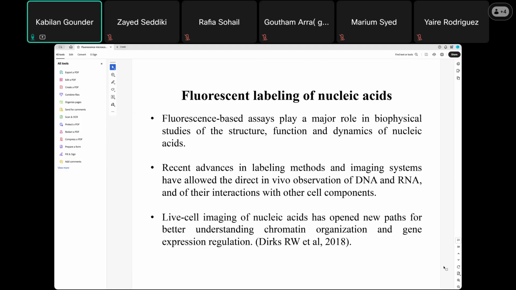So now you have not only fluorescence microscopy, but also new advanced microscopes that allow direct observation. So you can see a live image of how the DNA and RNA interact with other cell components.